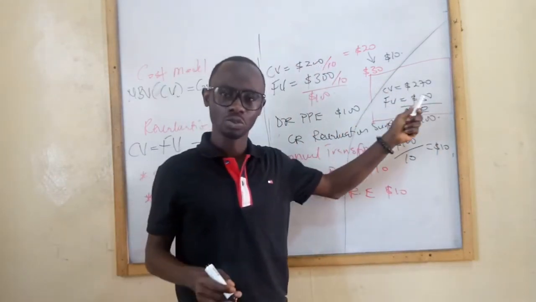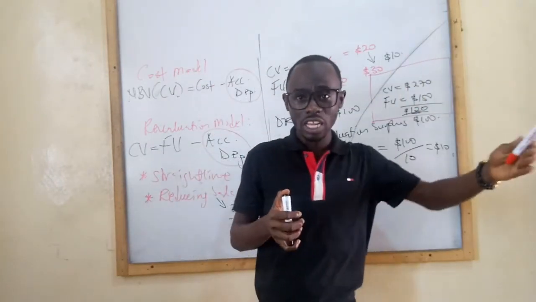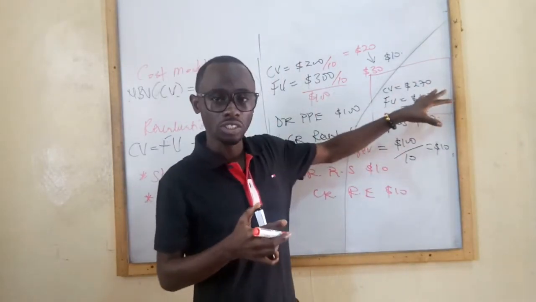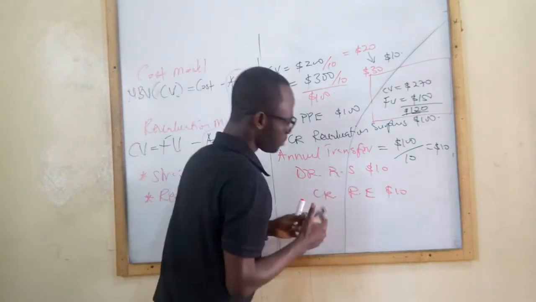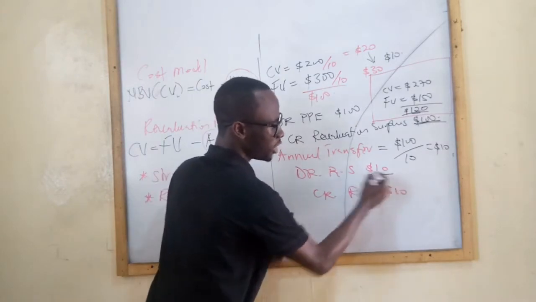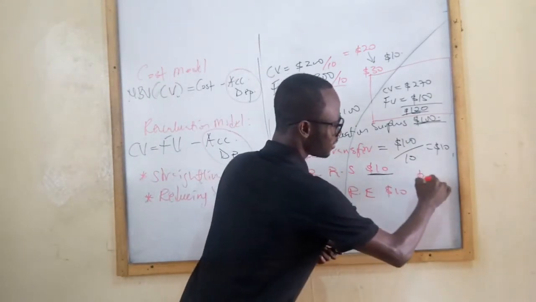How do we treat this $120? Because this asset was previously revalued upward by $100. What it means is that so far the revaluation surplus has 100, but we've taken 10 from it, so it is having how much left? 90.